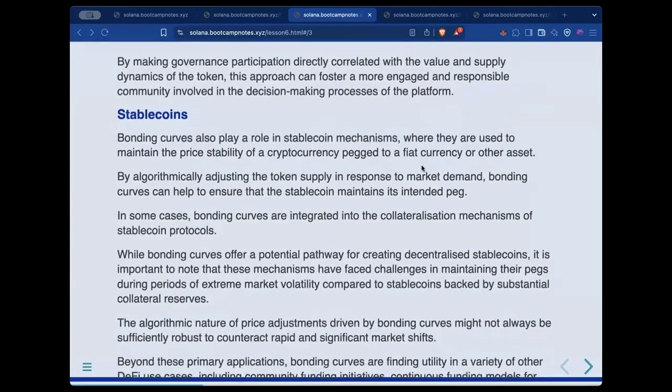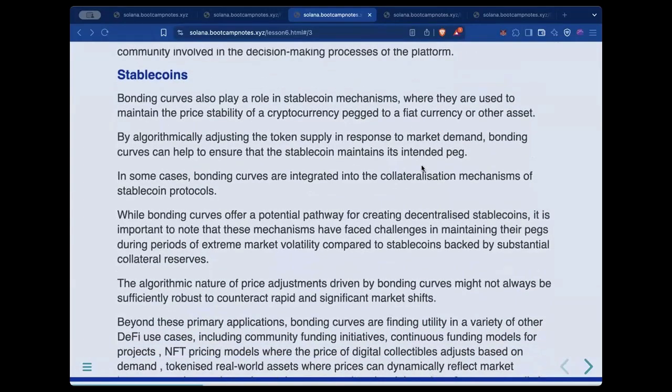The other areas where we see bonding curves are in stable coins. With a stable coin, we're trying to maintain the value of a particular token against some reference. That could be against the dollar, or it could be against other things, but it's often against the dollar. So we have things like USDT, which is a token that tries to maintain a value of $1.